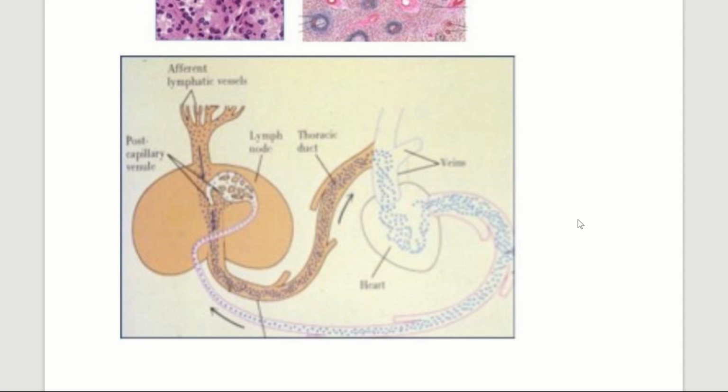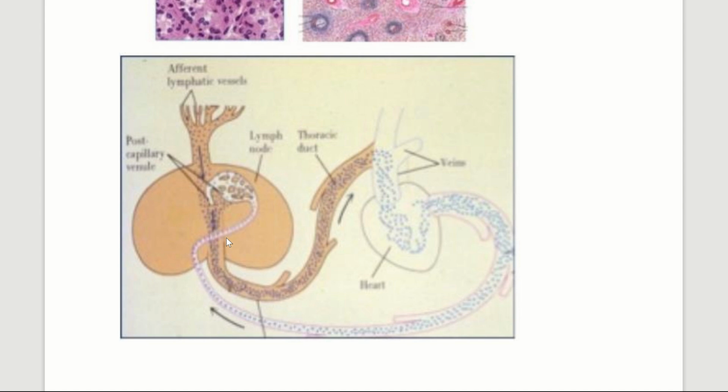And its whole function is to filter lymph. Okay, so what happens is it gets lymph from all of its afferent lymphatic vessels. It gets white blood cells from its afferent lymphatic vessels. It also gets those from the heart and everything from the blood in your vessels as well.